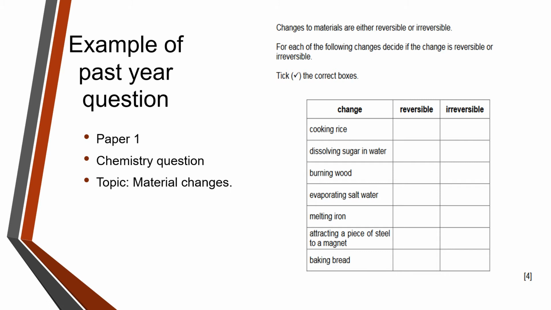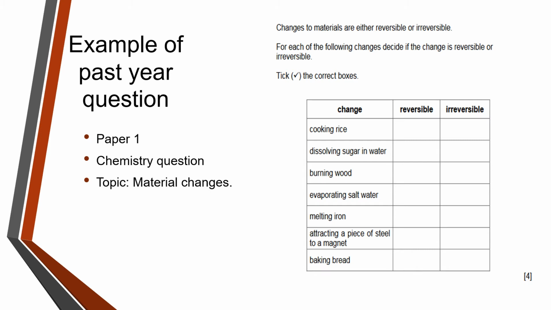Now, irreversible means you cannot change it back. Once you do a change, you cannot revert the change again. That is the meaning of irreversible. Now, let's have a quick look at the changes that are given here. Cooking rice.